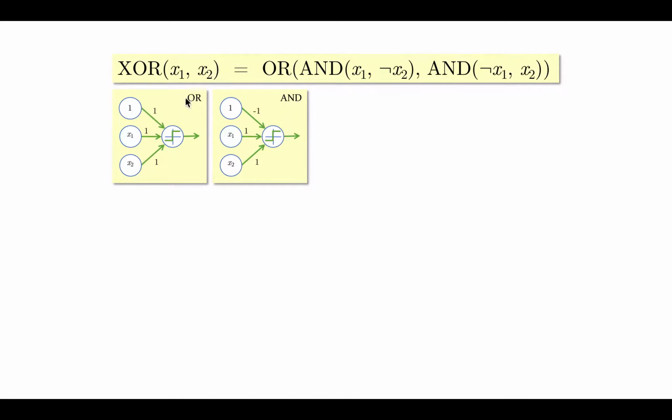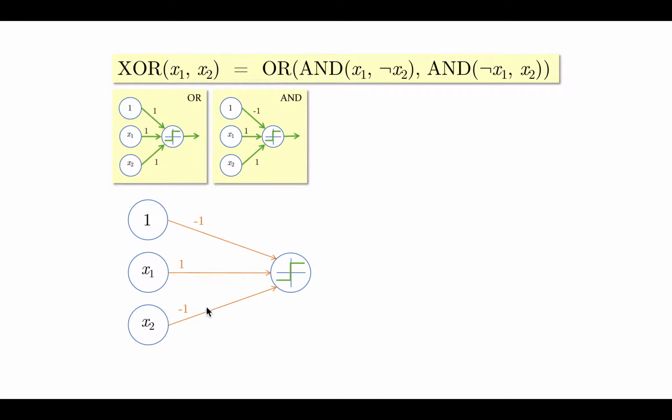So I have my OR machine. I know that 1 1 1 here makes an OR machine, and minus 1 1 1 here makes an AND machine. So I'm going to just implement them like this. I will take my original x1 and x2, and first I will do not x2 and with x1.